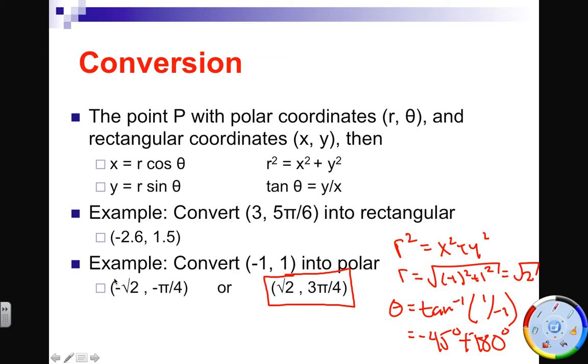But you could have gotten this if you used this negative 45 degrees, all you would have to do is make your r value negative. So being down here, if I said negative 45 degrees, if I said a negative radius, I will get up here into quadrant 2. So there's 2 ways to write that answer.